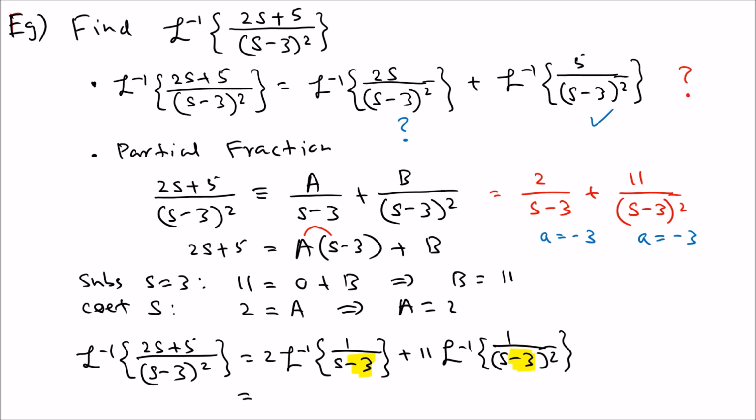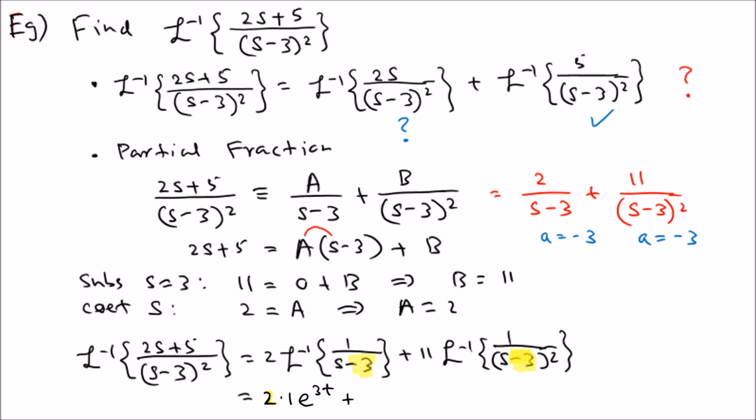So in this case, it is 2 times 1 over s. 1 over s means 1, and then we have the transformation term from s minus 3. What's the transformation term? It is e to the 3t.